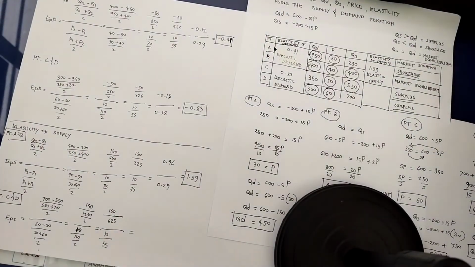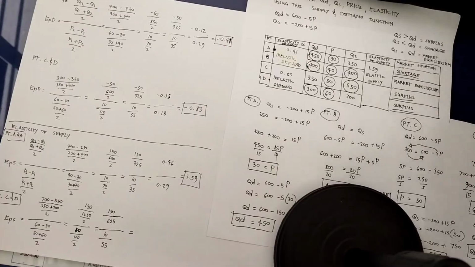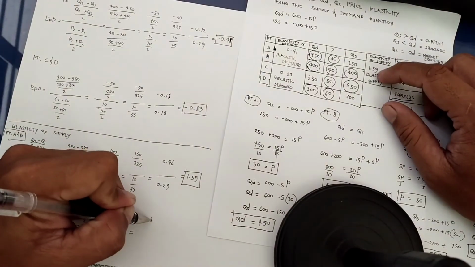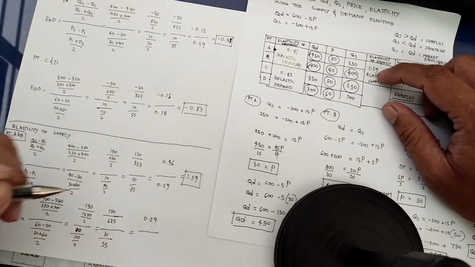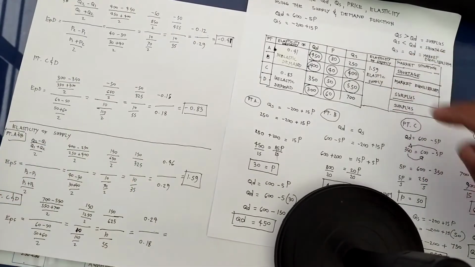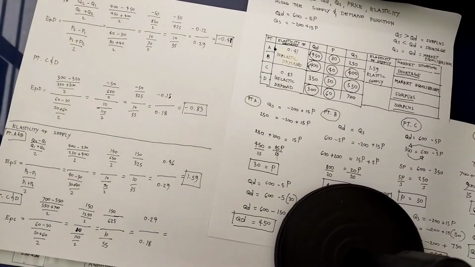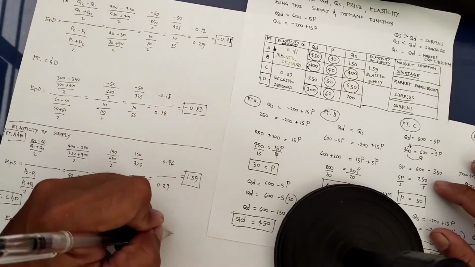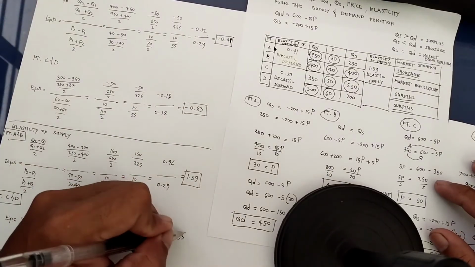So 150 divided by 625 is 0.24, over 0.18. Divided by 0.18, we have 1.33.